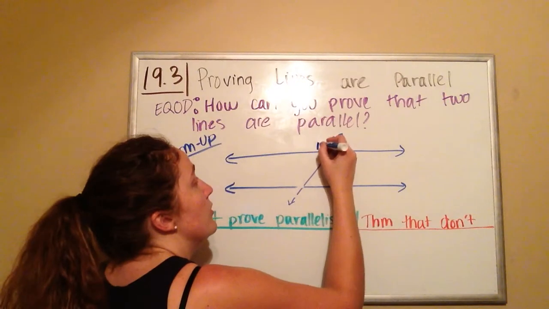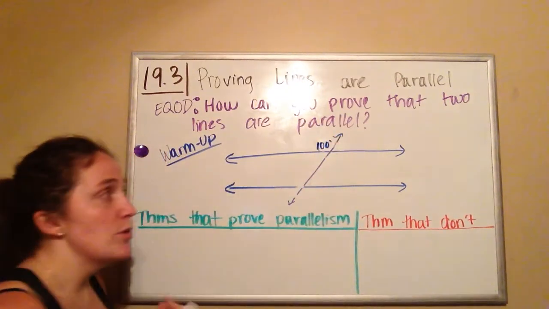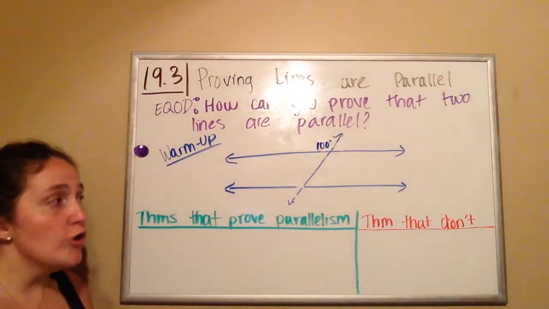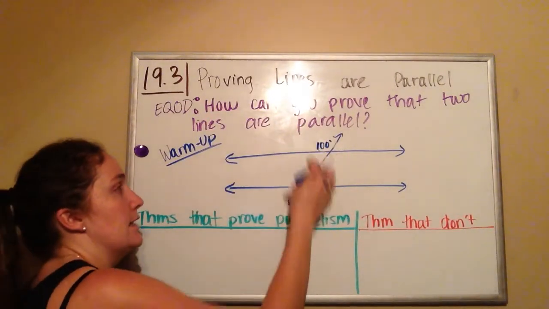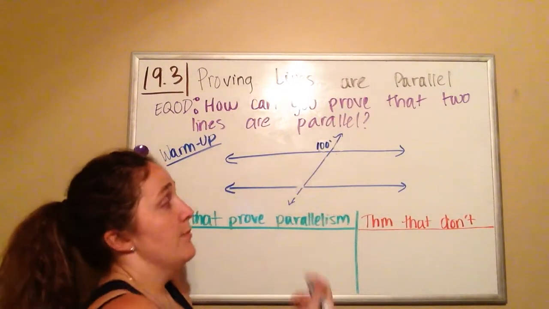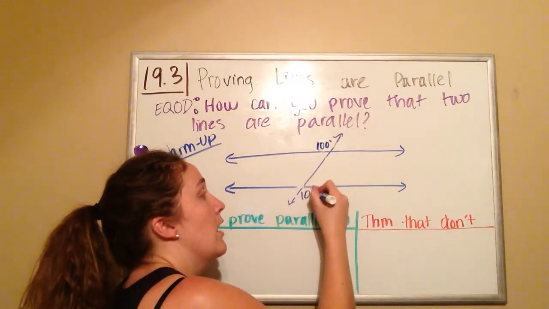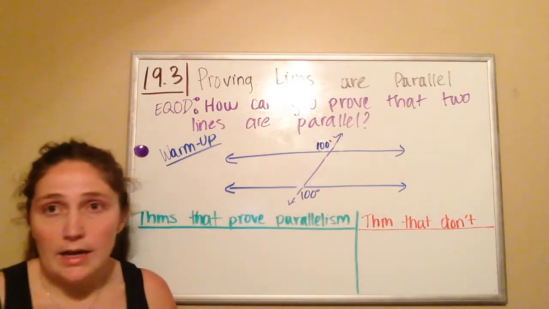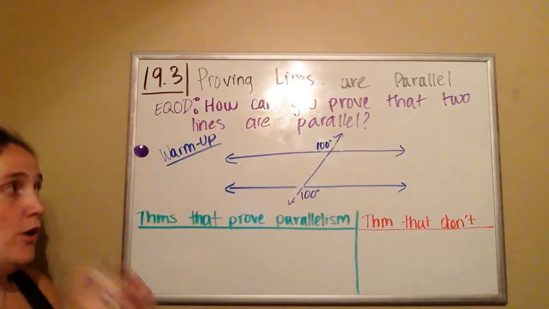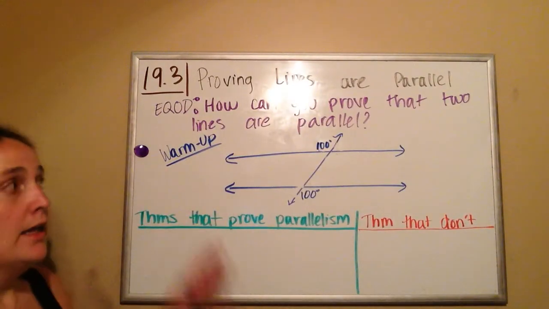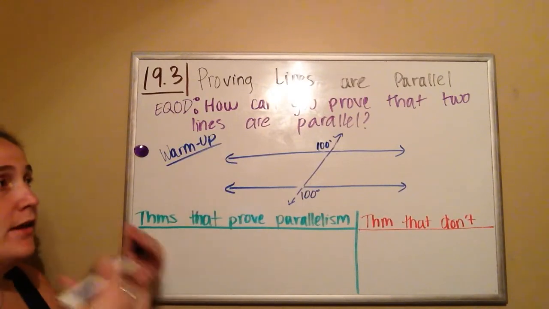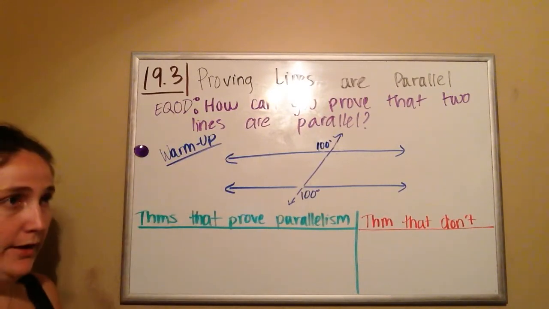Let me put 100 degrees right here to make it easy. So let's do alternate exterior angles. Those tend to be equal. The only way that those angles are equal is if and only if these two lines are parallel. Let me say that again. This only works if and only if these two lines are parallel.